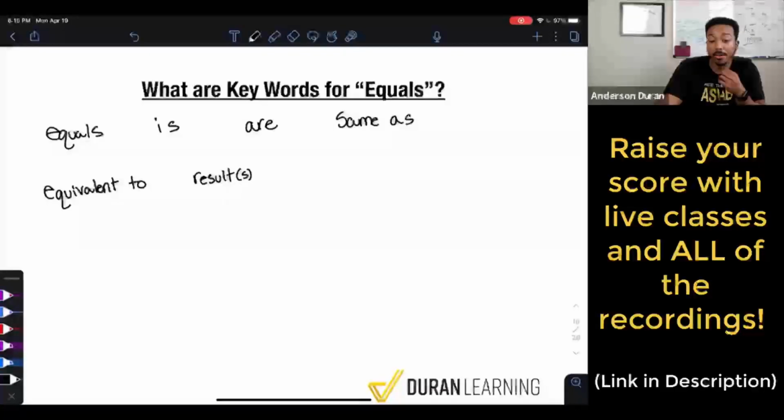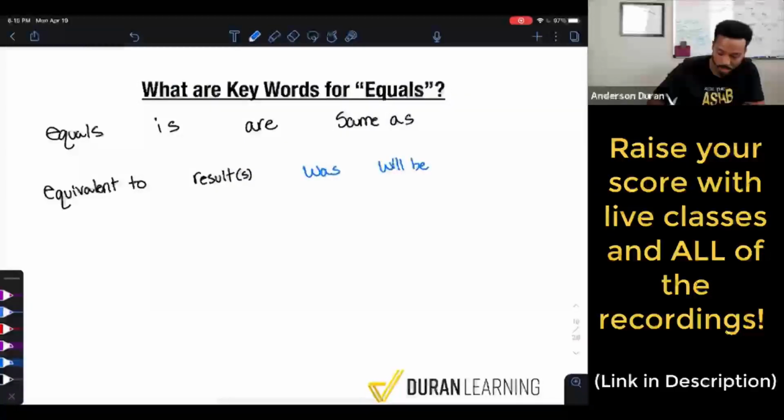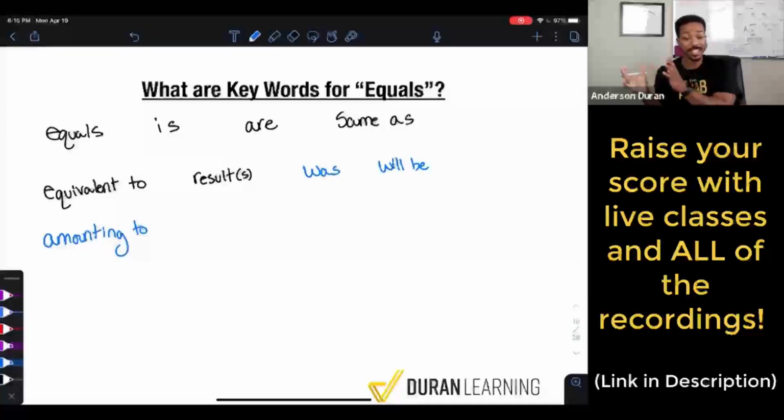How about was or will be? Those are 2 more right there. Was and will be. Amounting to. Ooh, Rakenya. Yes. Amounting to. So basically this is equal to this, or this amounts to that. Yep, absolutely.